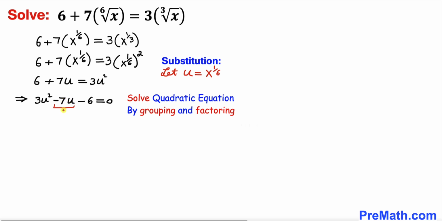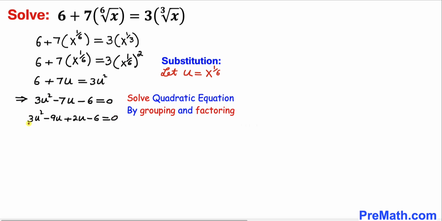Negative 7u could be written as negative 9u plus 2u. So we can write 3u squared minus 9u plus 2u minus 6 equals 0.